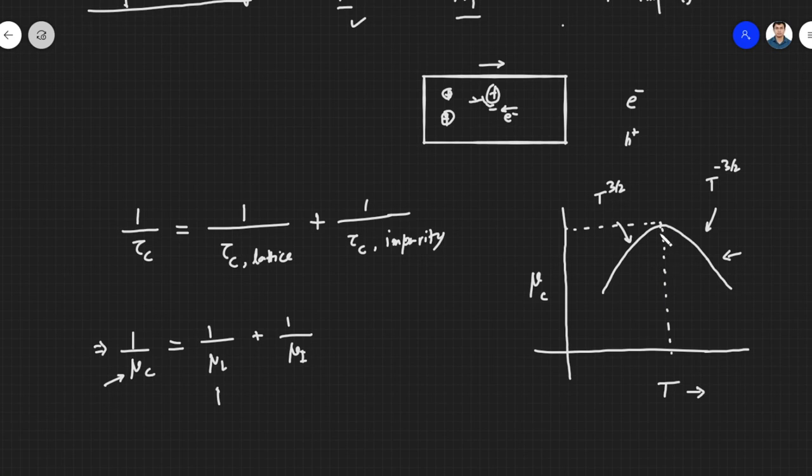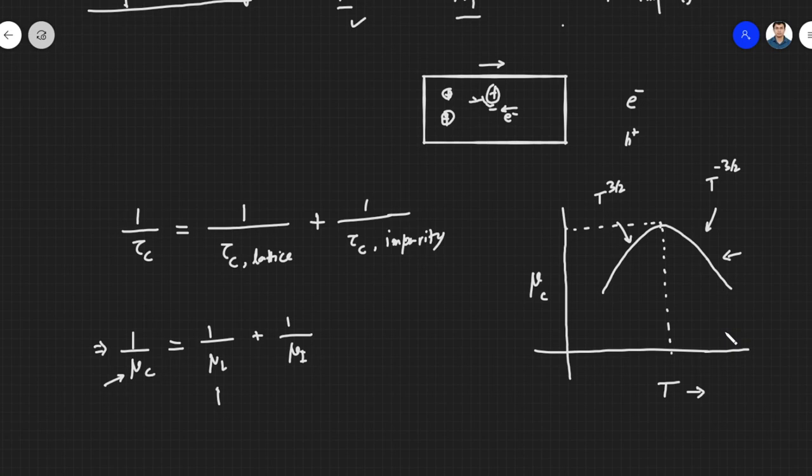Sometimes at lower temperature it may work better, sometimes at higher temperature. People can calculate theoretically and find out the best suitable temperature for a particular semiconductor, and this is very important also, right?